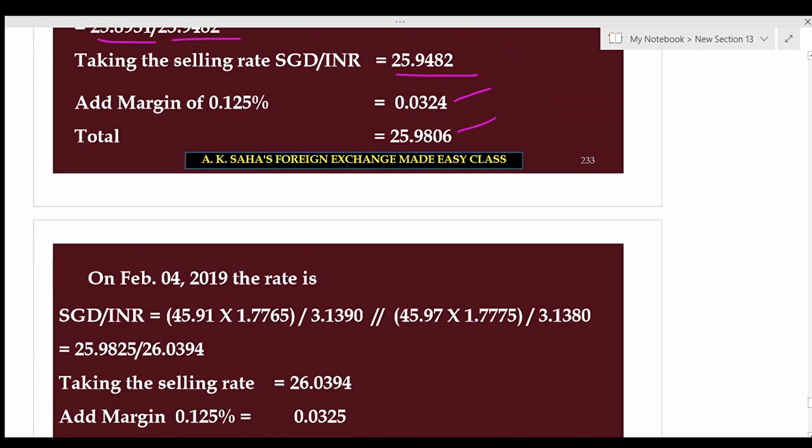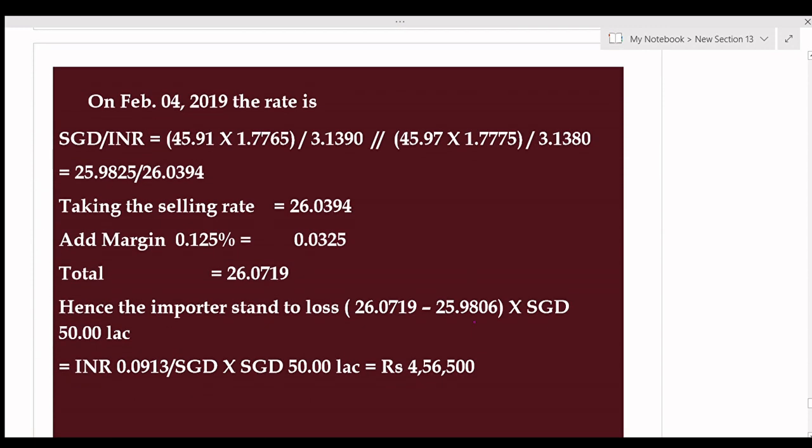And on 4th February 2019, the selling rate will be calculated in the same way. The rates are already given for February 4, 2019.